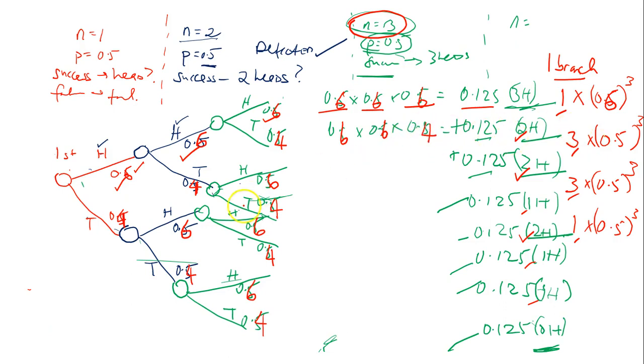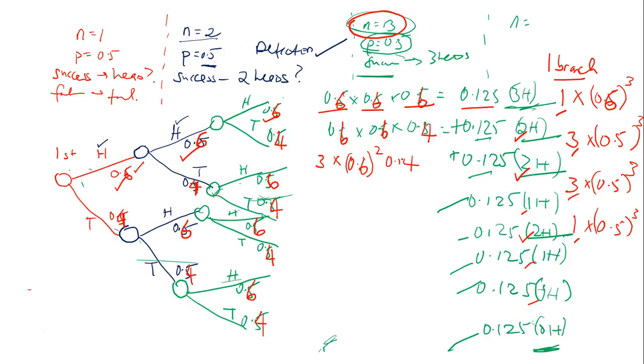And I would have that in exactly the same way for all my other 2 branches. I mean, remember, I have a total of 3 branches for 2 heads. So instead of 0.5 here, I would have 3 times 0.6 twice and 0.4.